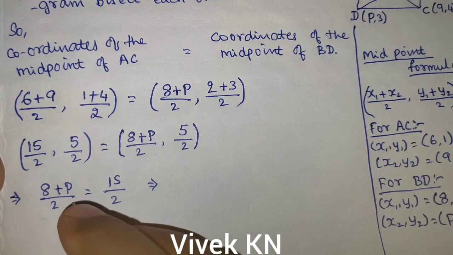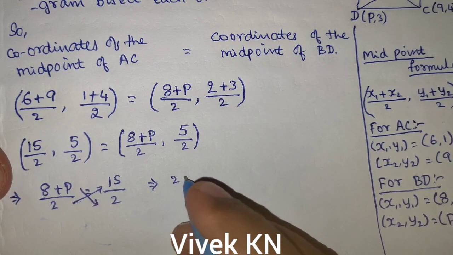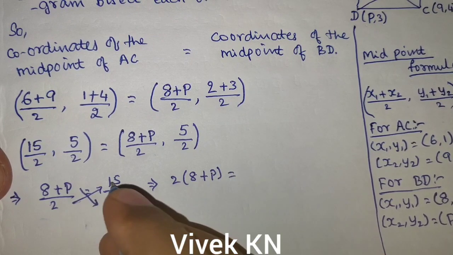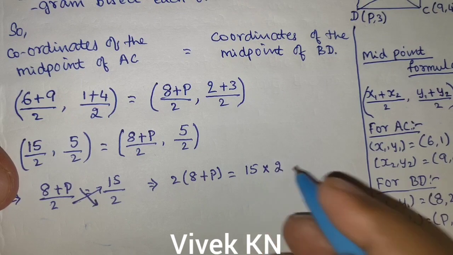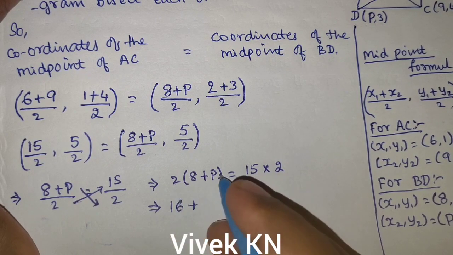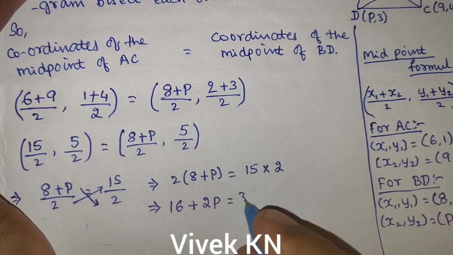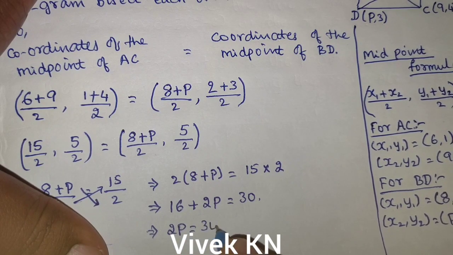Now let us do cross multiplication. 2 into 8 plus p is equal to 15 into 2. 2 into 8 is 16 plus 2 into p is 2p is equal to 30.